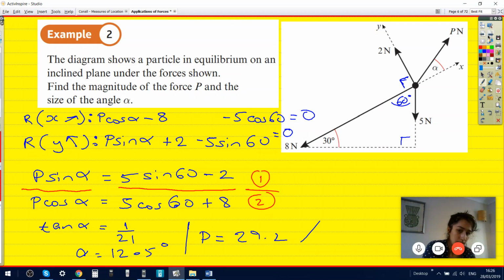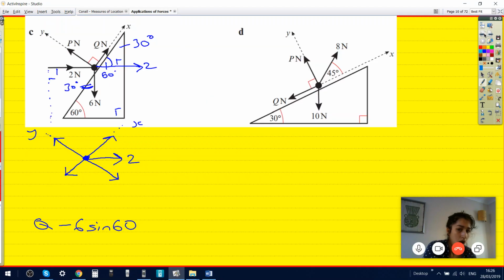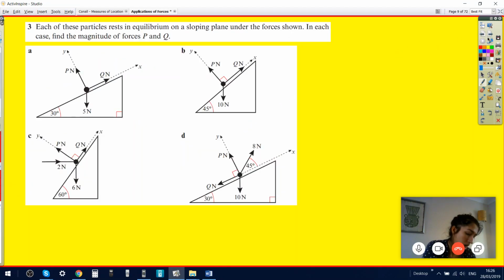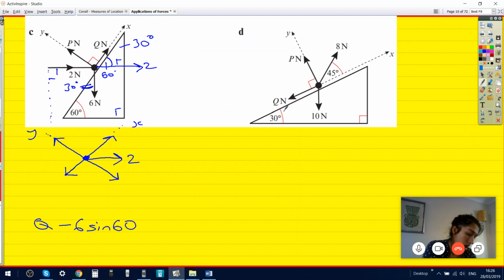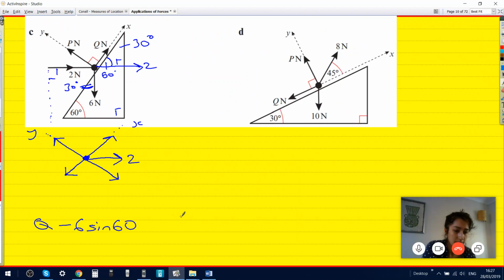2 cos 60. Where were we? 2 cos 60. Okay. Plus or minus? It's going plus. Yeah. Equals 0.